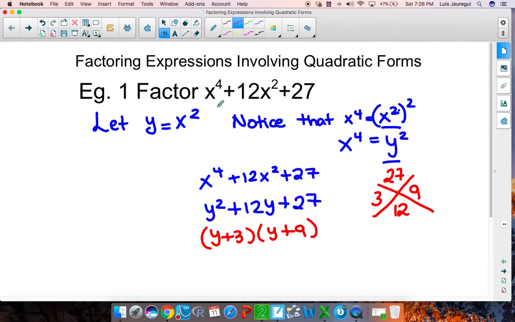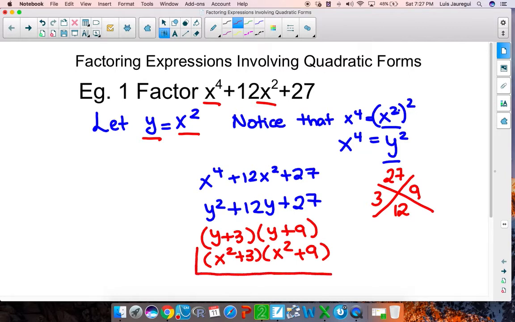However, since our original problem involved the x terms, we're going to change it back to x values. Since y is the same as x squared, this is just x squared plus 3 times x squared plus 9. And that's our factored form for x to the fourth plus 12x squared plus 27.